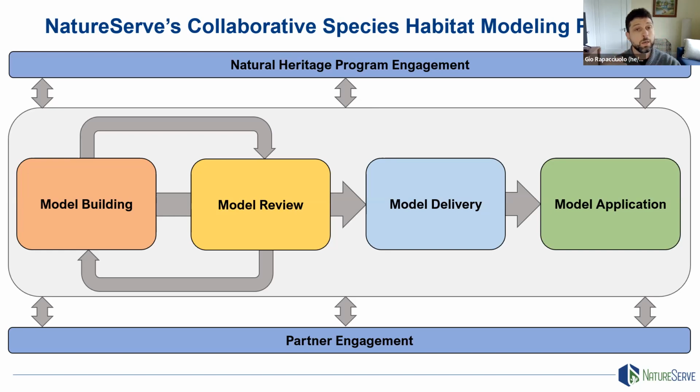That is key both for obtaining the best available data on imperiled animals and plants, as well as some of the best available expertise on those species and knowledge about their habitat and their conservation status.